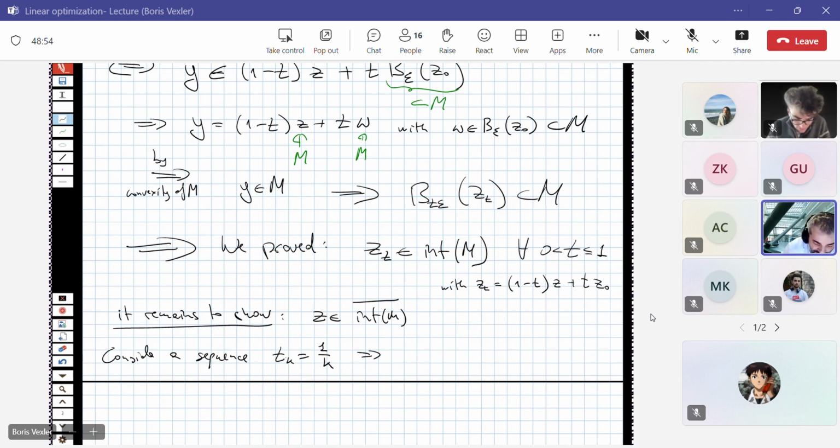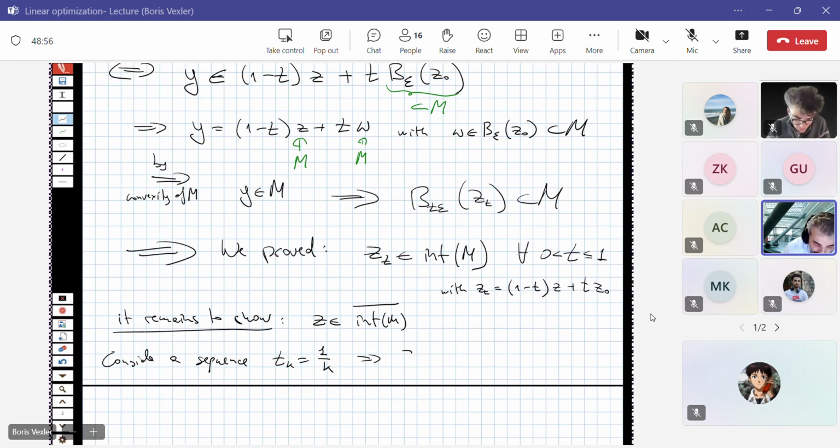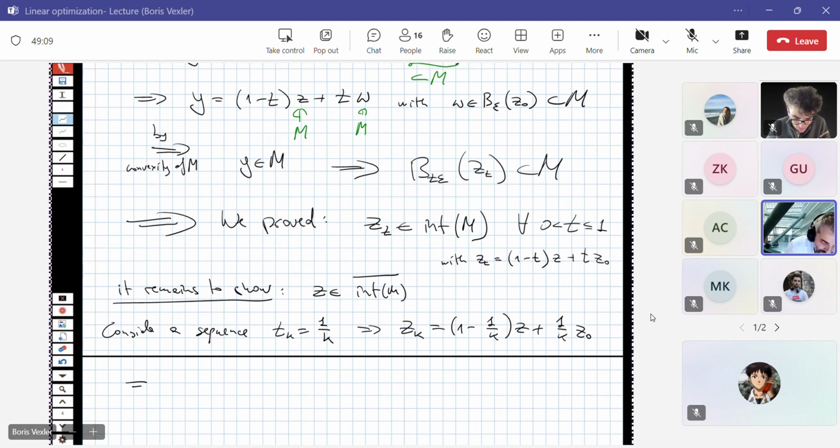And then for every such t, we get a point z_k, which is (1 minus 1 over k) Z plus 1 over k Z0. What we have is that all these z_k, by what we proved so far, are elements of M for all k.